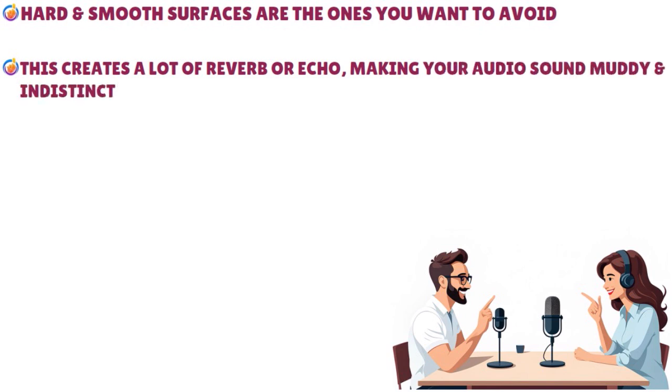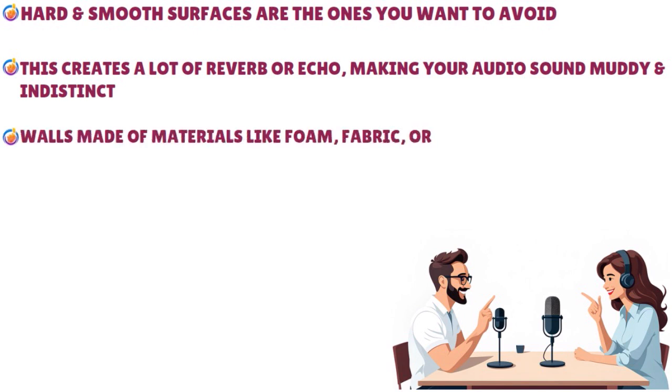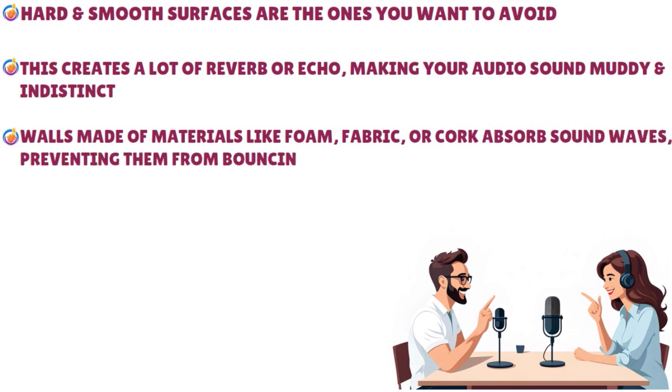On the other hand, soft and porous walls are much better for reducing reverb. Walls made of materials like foam, fabric, or cork absorb sound waves, preventing them from bouncing around the room. So that's going to help you a lot if you are thinking about creating a professional experience for your podcast.